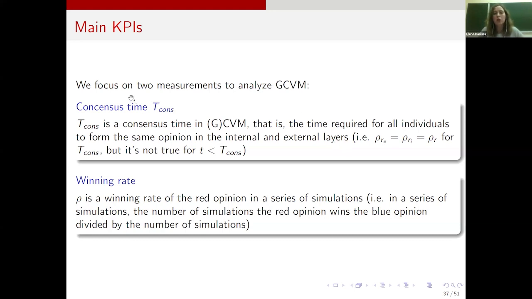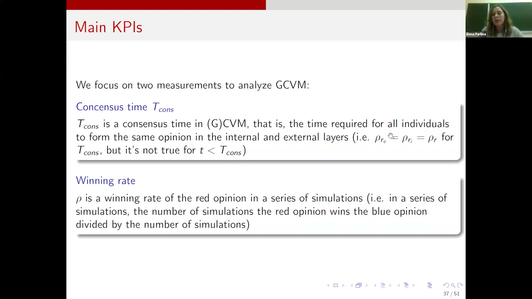And I will show you what we are focusing on. We are focusing on two main KPIs. So we analyze this model, which we call the general concealed voter model, and we examine two characteristics. The first one is consensus time. That is the time required for all individuals to form the same opinion in the internal and external layer.